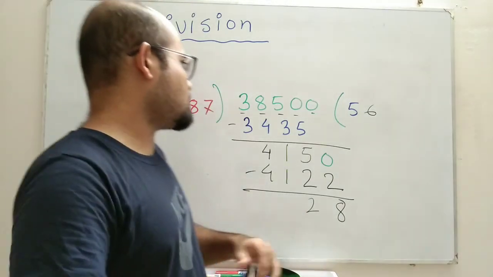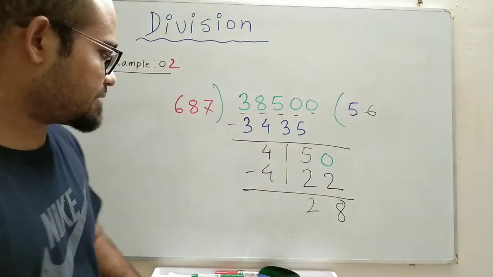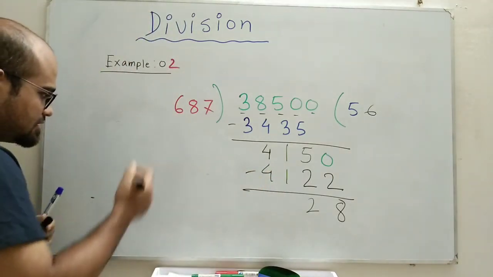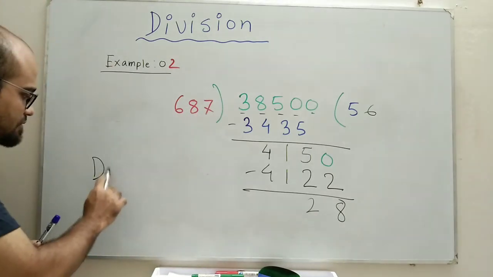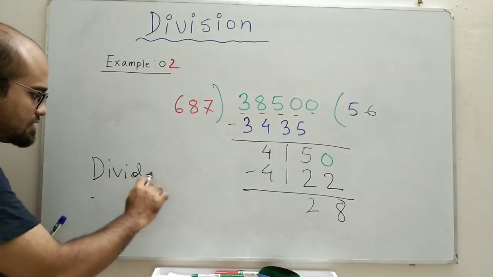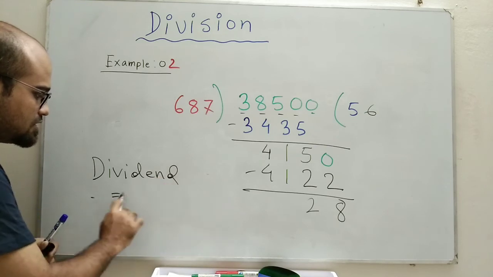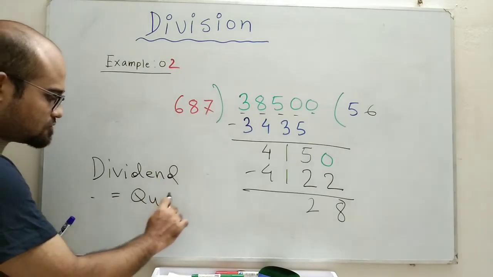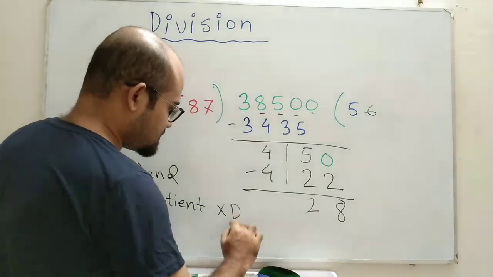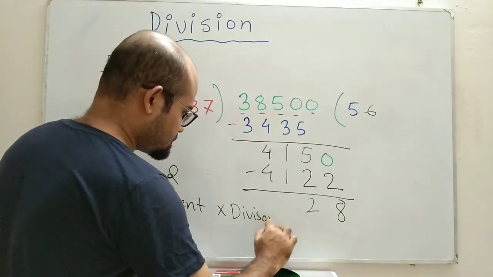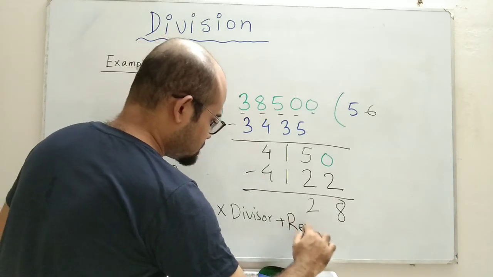Now, you can check whether this calculation is correct by actually putting the individual items in our famous formula, which is dividend equals quotient times divisor plus remainder.